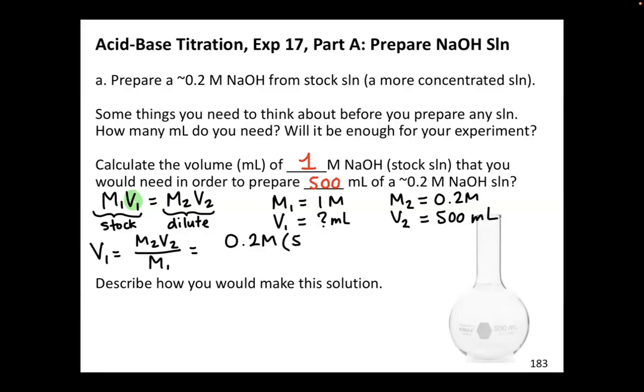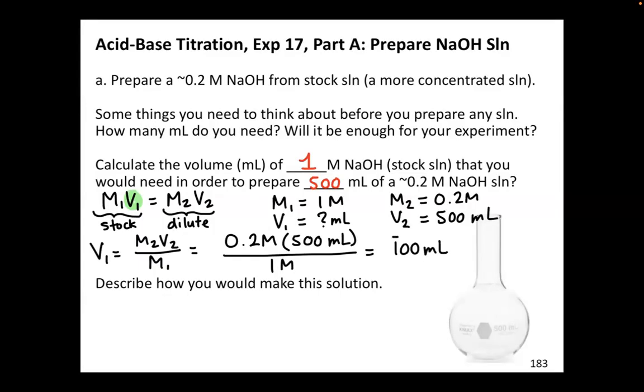We want 500 ml of it. And the original stock solution is 1 molar. Let's punch it in. 0.2 times 500 divided by 1. And we have 100 ml.